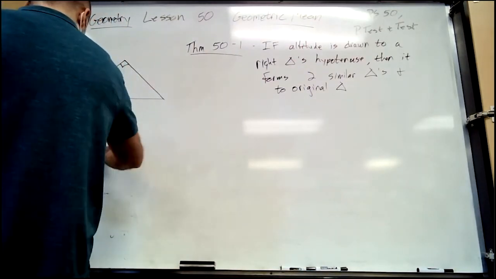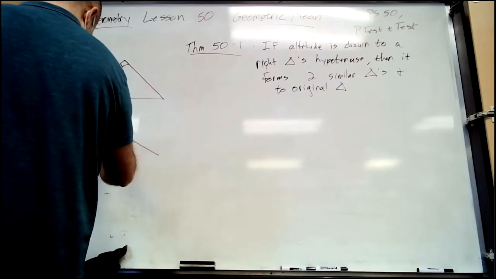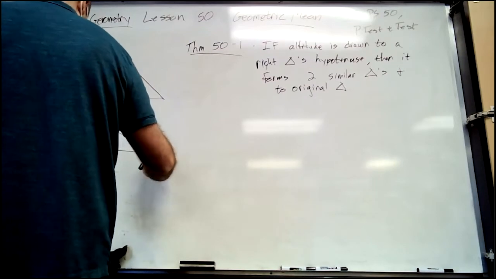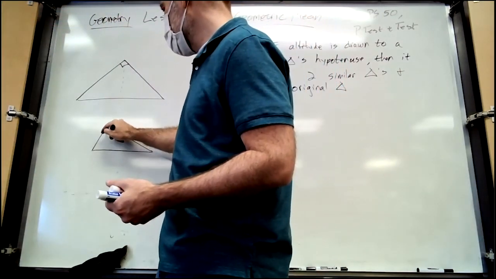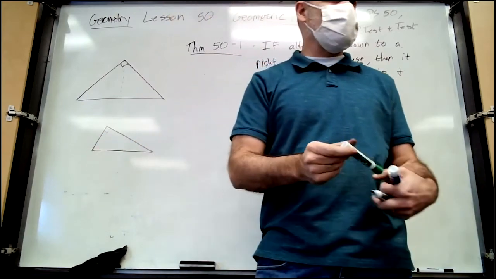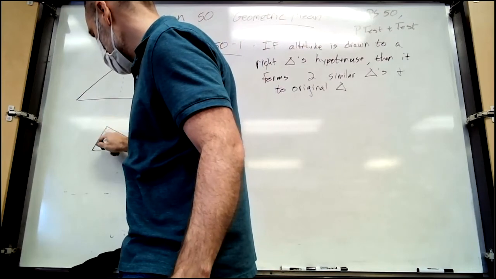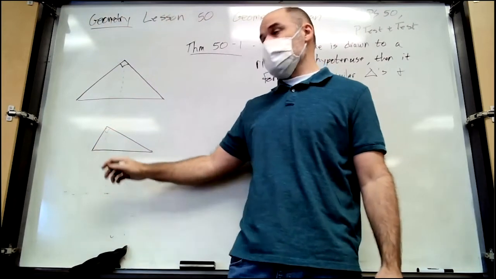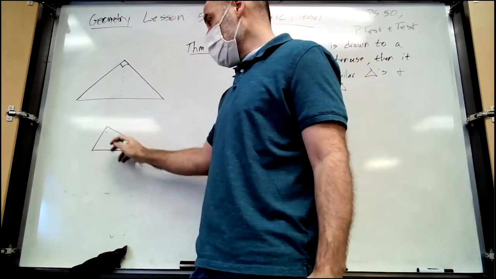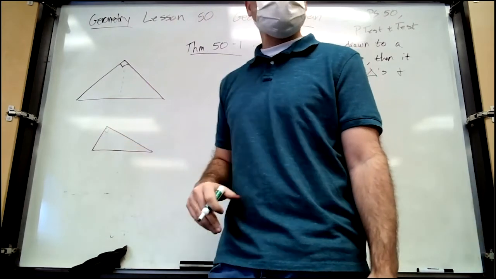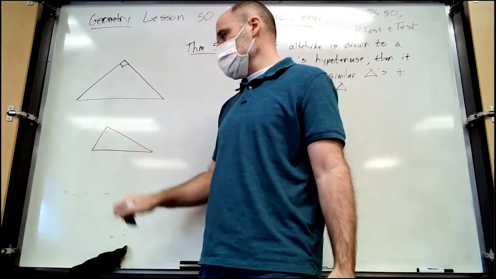You could draw a right triangle like this. Okay, so here's another right triangle. If I drew an altitude here, it would look like this. Do you see those three triangles that we drew? They all look like that original triangle. Here's a baby version of that original triangle.